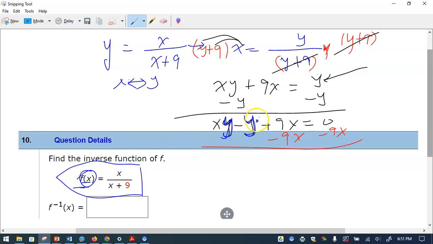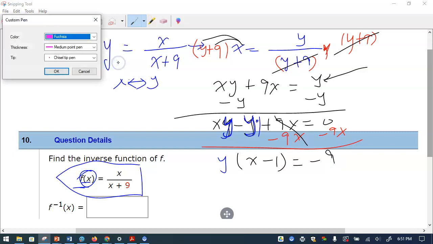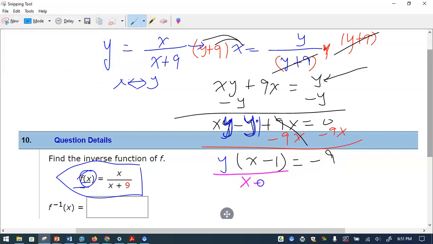Yes, that's 1. So we can pull out y, and what stays is x minus 1. This equals minus 9x, and then divide by x minus 1 on both sides. That way we get y equals minus 9x over x minus 1.